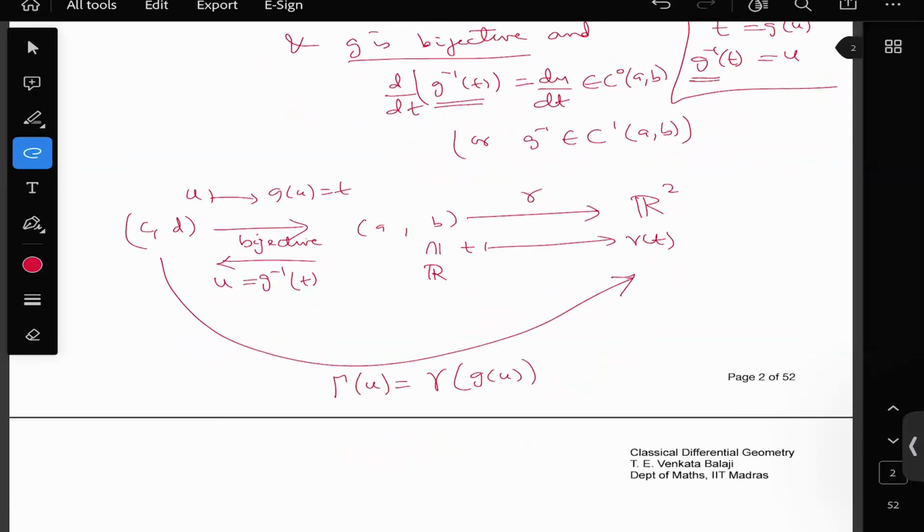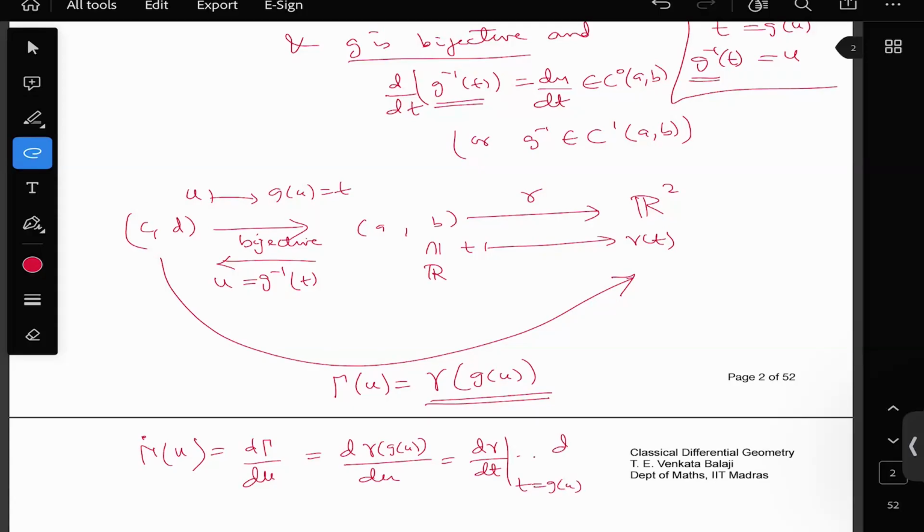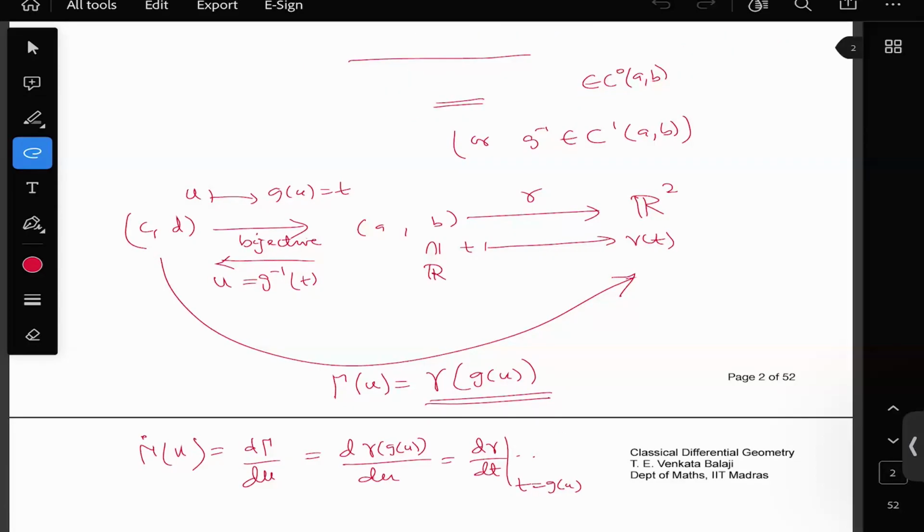Okay, and with respect to the new parameterization, what is velocity? Gamma dot of u is by definition d gamma by du. Mind you, the dot is differentiate with respect to the parameter. For capital gamma, u is the parameter, so gamma dot of u means d capital gamma by du. But you see, this is actually d small gamma of g(u) by du, and this can be written as d gamma by dt at t equal to g(u) into dt by du.